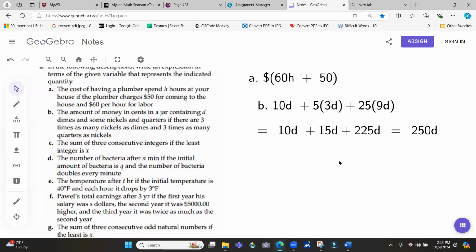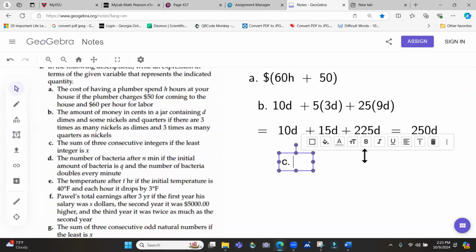It always goes up by 1 if you're moving from smaller to larger. It goes down by 1 if you're going from larger to smaller. So the smallest one is x, and you're talking about 3 consecutive integers. You would probably do something like this.